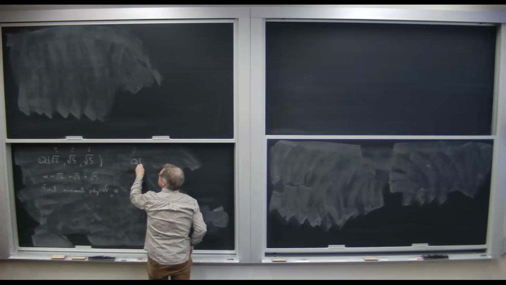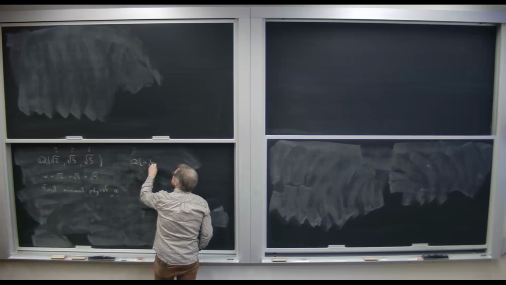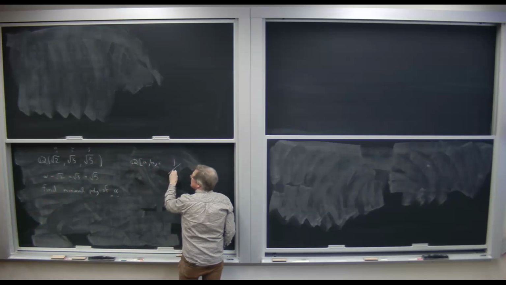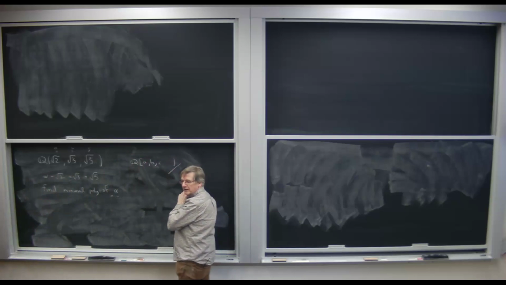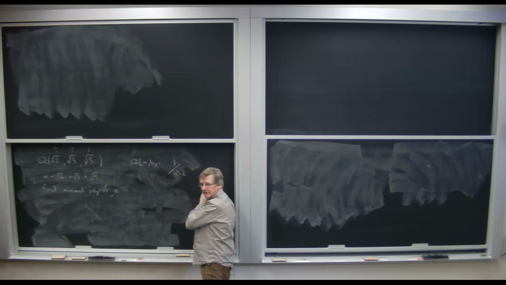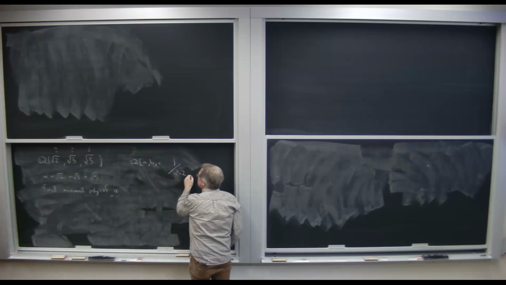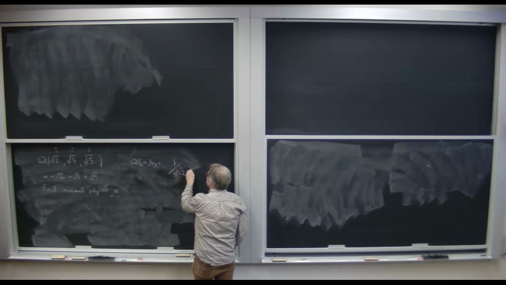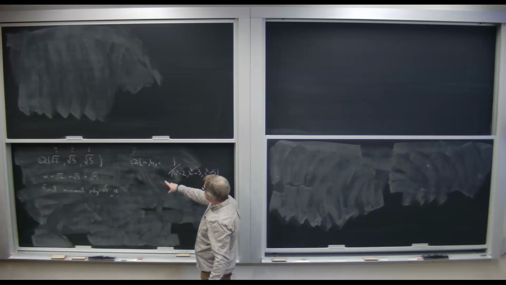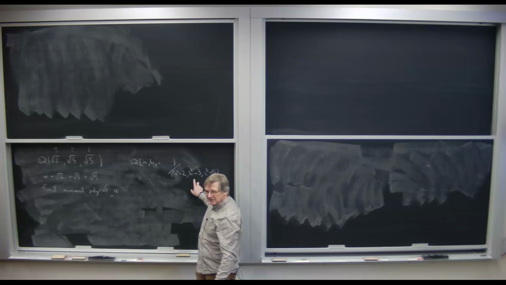Q adjoin A, B, C. Okay. And then modulo, and then what's the equation for A? It's A squared minus 2, right? And then B squared minus 3, C squared minus 5. So that thing is actually essentially this.